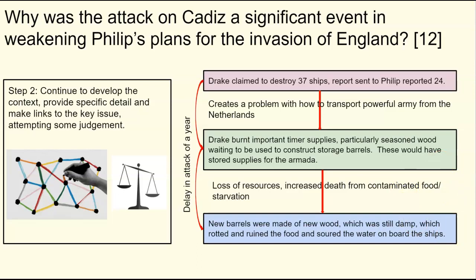It's not just that 1 year delay. It impacts those that are on the ships going across the English Channel because they're going to run out of resources. That will mean that there's a higher mortality rate due to starvation, due to contamination, due to sickness, which makes the impact of the Spanish Armada less, meaning they're less likely to be victorious.